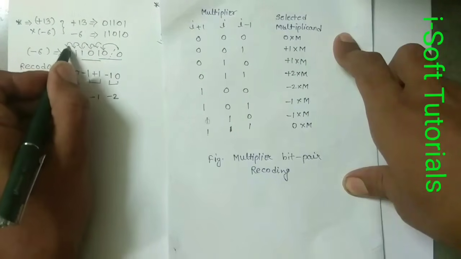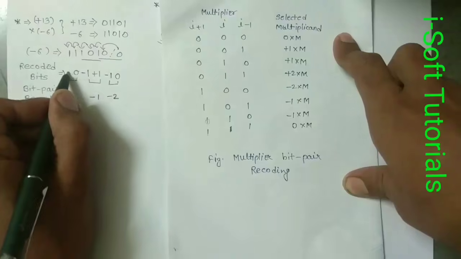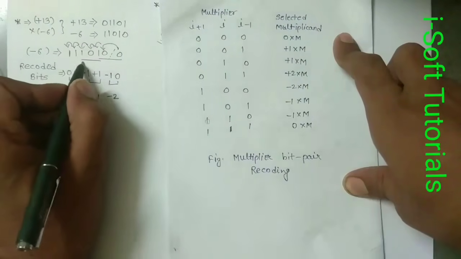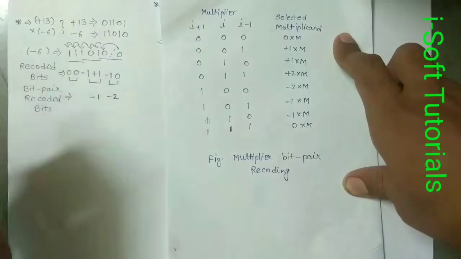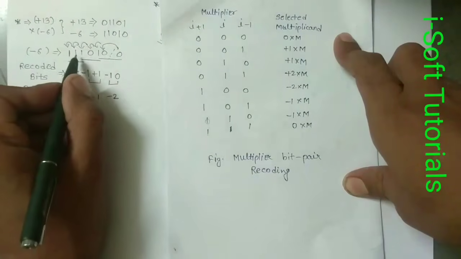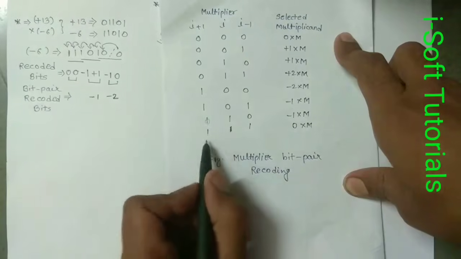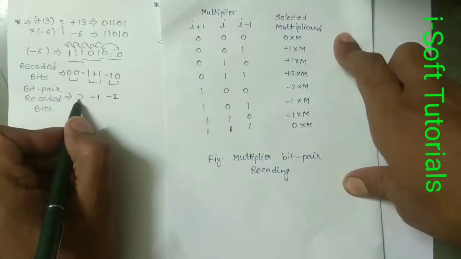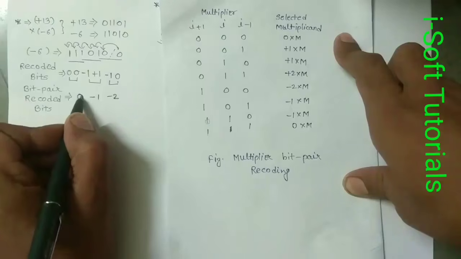For this we will first form recoded bits. So 1, 1, 0. So for this 0, 0 pair, we have now used these 3 bits. Then for this 0, 0, we have used these 1, 1, 1, 3 bits. So 1, 1, 1 entry is the last entry, that is 0. So we will write here bit pair recoded bit as 0.